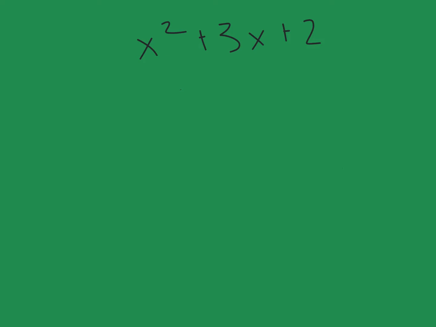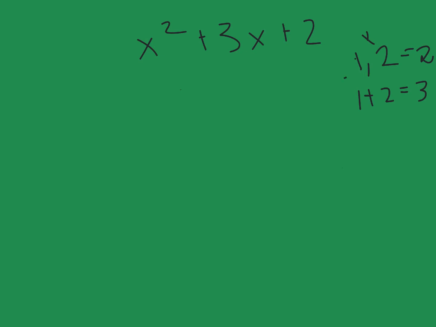Okay, so now that I know that 1 and 2 give me 2, multiplying, and when it adds, it gives me 3, I know I can use these numbers to solve my quadratic equation.